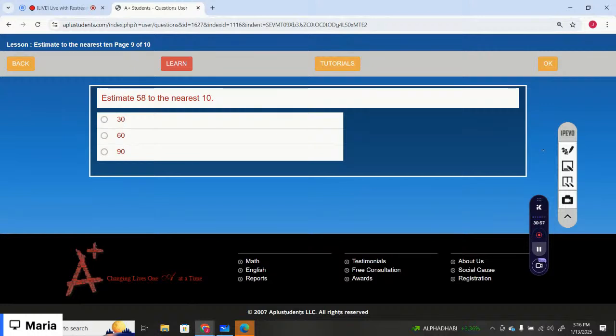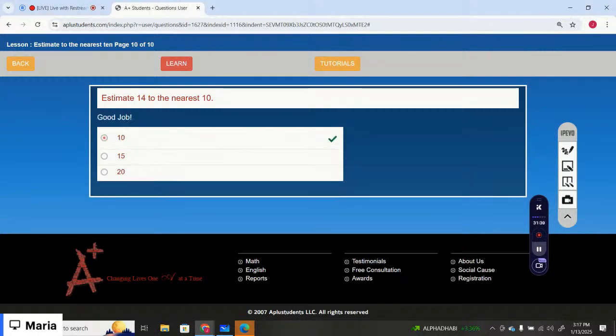The correct option is 60. Option number 2 is the correct option. Very good. Estimate 14 to the nearest 10, which is the correct option. The correct option is 10. It would be estimated to 10. Option number 1 is the correct option.